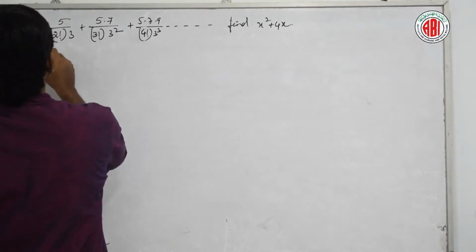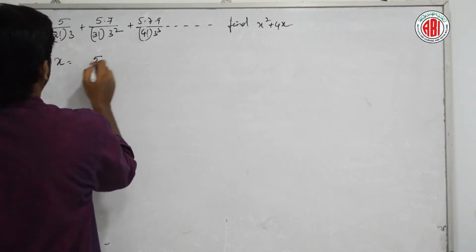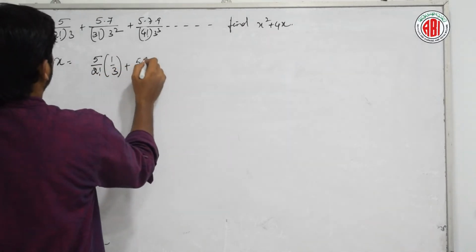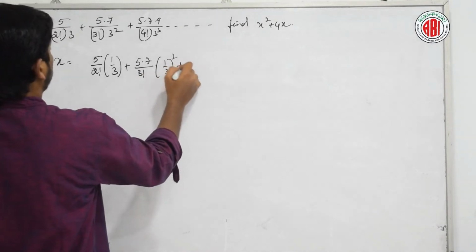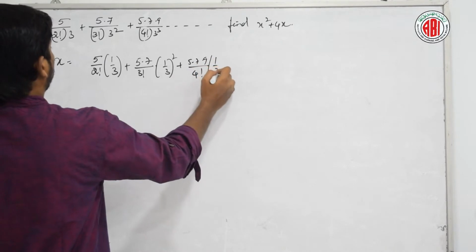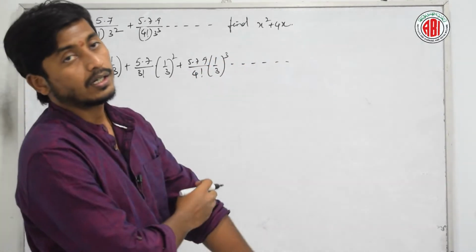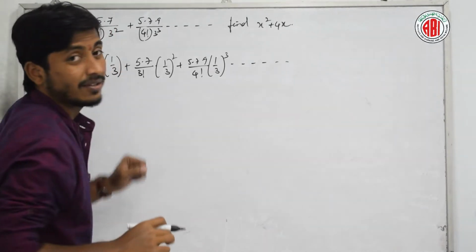So we will just write x is equal to 5 by 2 factorial into 1 by 3. Isn't it? Next, 5 into 7 by 3 factorial into 1 by 3 whole square. Here 5, 7, 9 by 4 factorial into 1 by 3 whole cube and so on. Isn't it? So obviously here we have 2 factorial, but what was the formula?